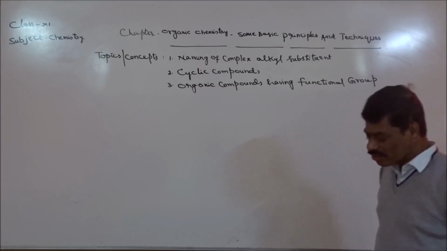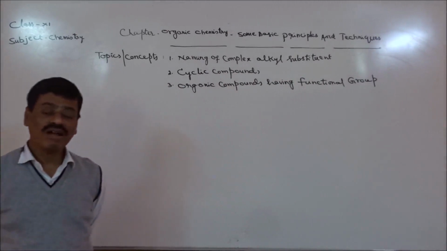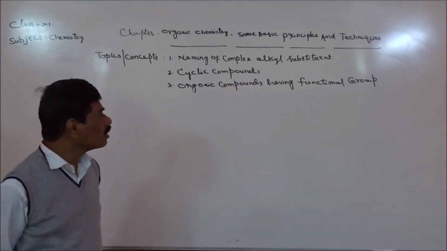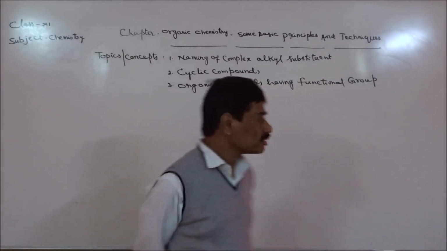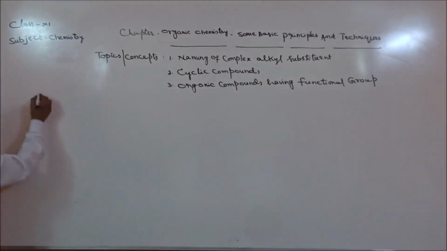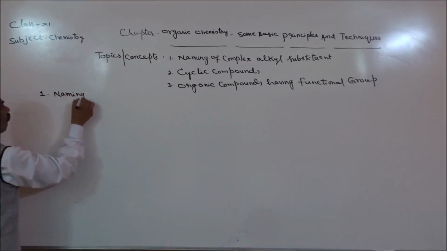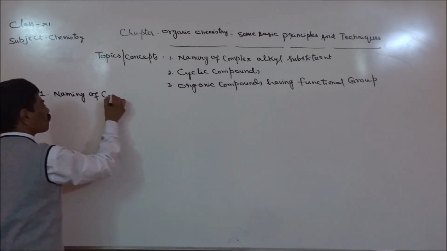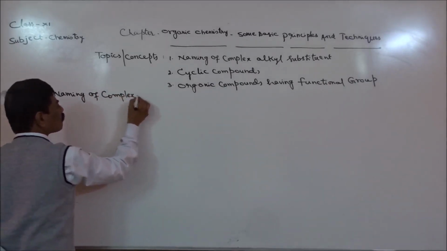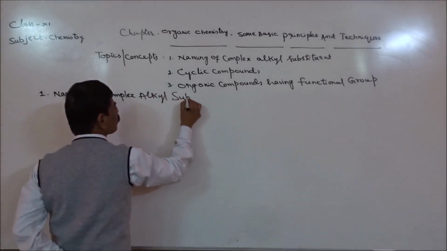Next, complex alkyl group means that the alkyl group should have a branch or branches in it. Then it is said to be a complex alkyl group. Right? Now, let us see the first one, that is naming of complex alkyl substituent.